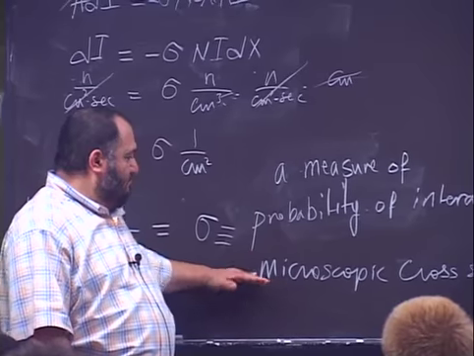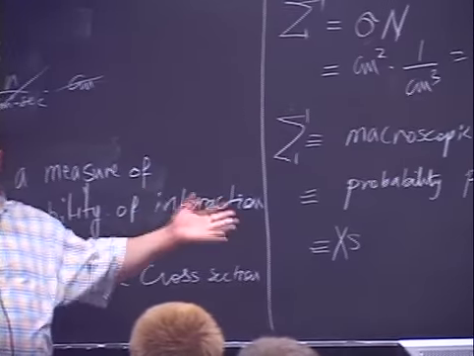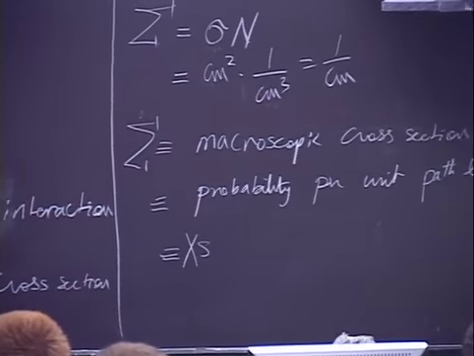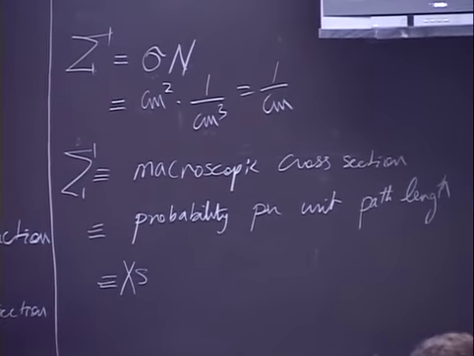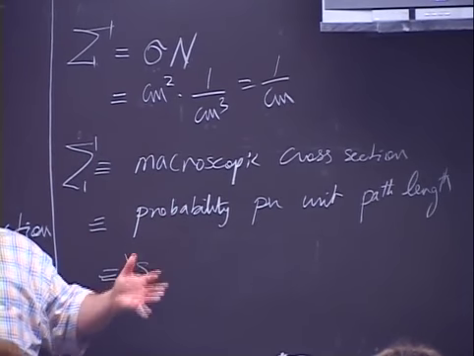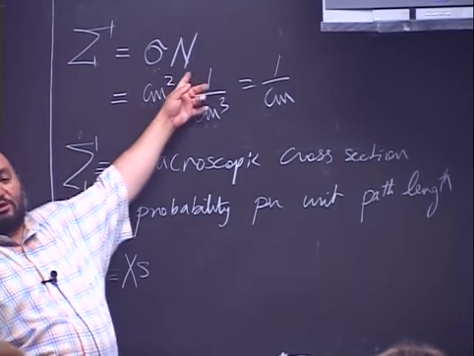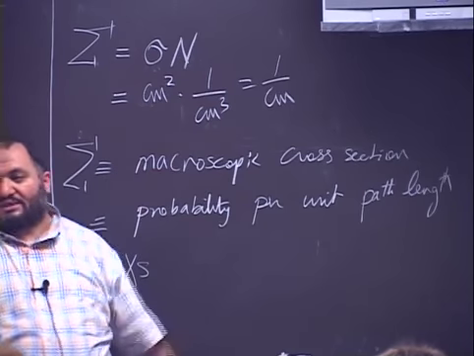So microscopic cross section, macroscopic cross section. Did you understand the difference between both? So one is just bare nuclei, and the other one is the probability, but it's not bare nucleus like here, it is multiplied by the total number of nuclei per centimeter cube.